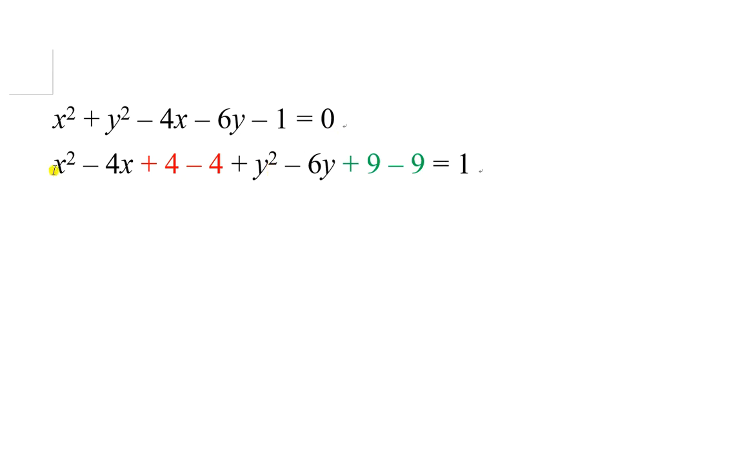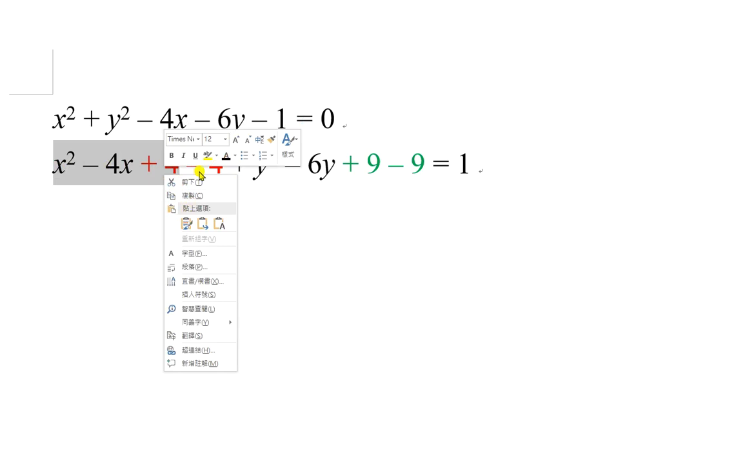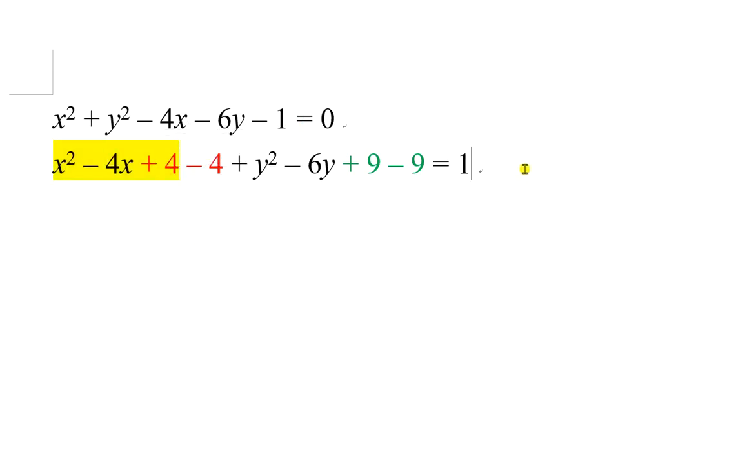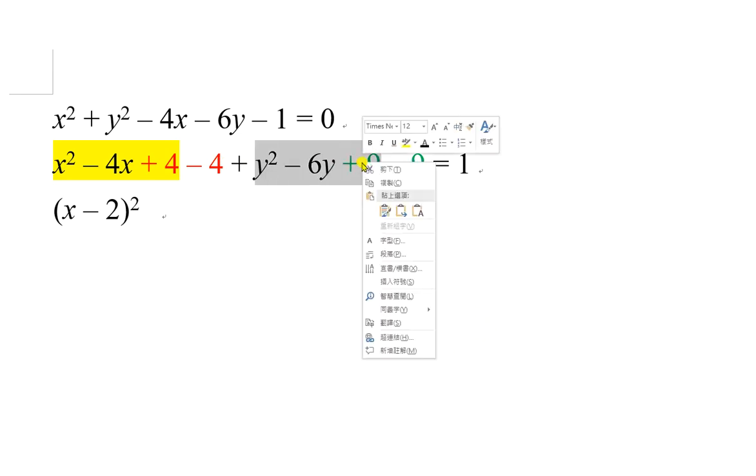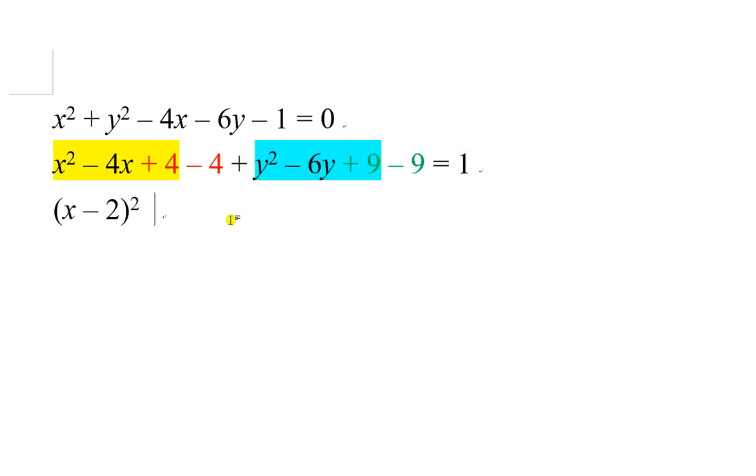And you can see, look at these three terms, x squared minus 4x plus 4. Actually, that becomes the perfect square, (x minus 2) squared. And look at these three terms, y squared minus 6y plus 9.